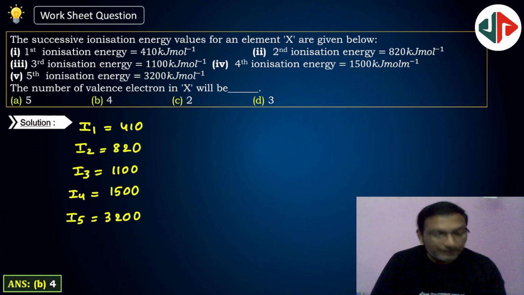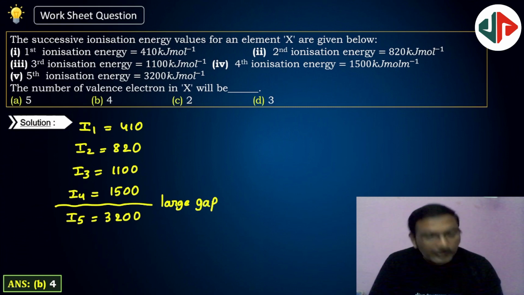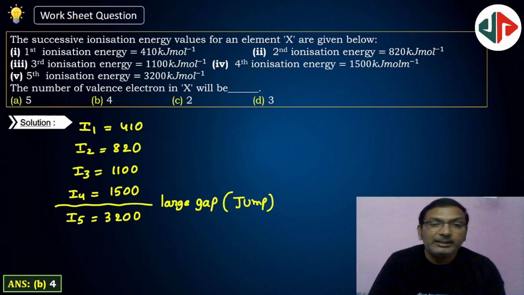Observe the gap. I1 to I2 small gap, I2 to I3 somewhat small gap. Next I3 to I4 again small gap. Next between I4 and I5 large gap or jump. Large jump between I4 and I5.